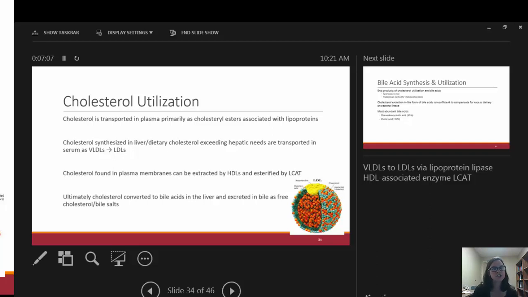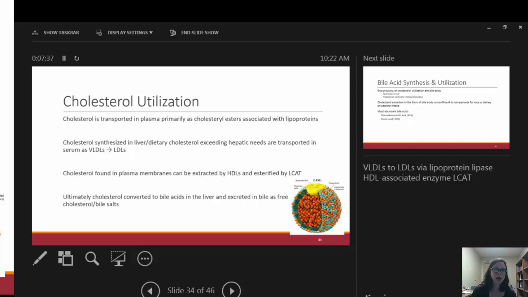The cholesterol is transported in the plasma primarily as cholesterol esters in lipoproteins. The cholesterol is synthesized in the liver or comes from dietary sources. When the cholesterol that we get from these two places exceeds the needs, it's transported into the serum by VLDLs, which are then converted to other lipoproteins via lipoprotein lipase.